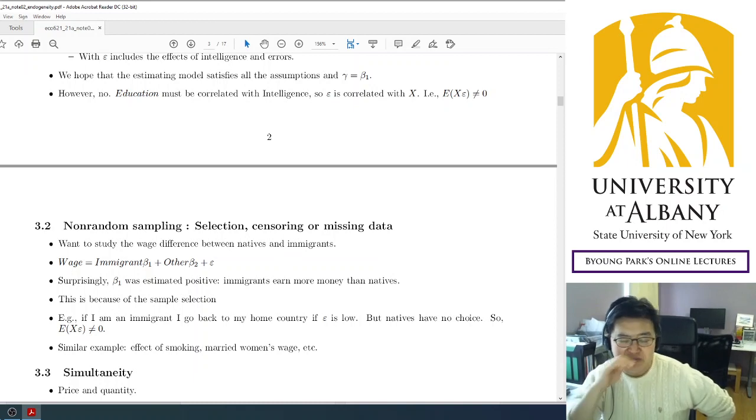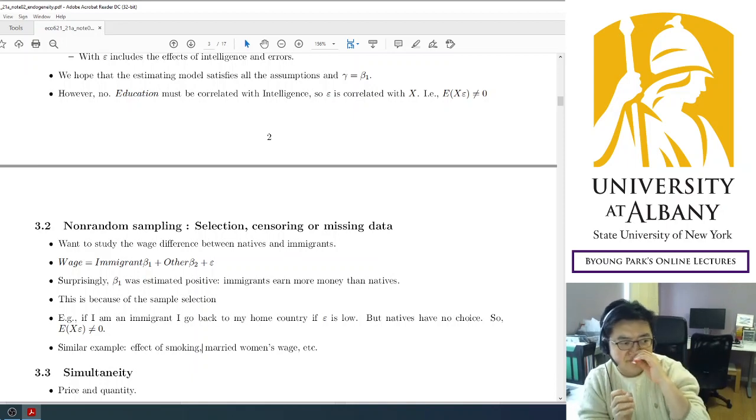If you have smoked for 10 years, then you have to continue to smoke. That's a little bit weird, but the reason why people quit smoking is because they are so sick, so they could not afford any more cigarettes at all. If I have cancer right now, then I cannot smoke at all. That's why they quit smoking, and that's the only sample you could find. Otherwise, who would quit smoking after 10 years?